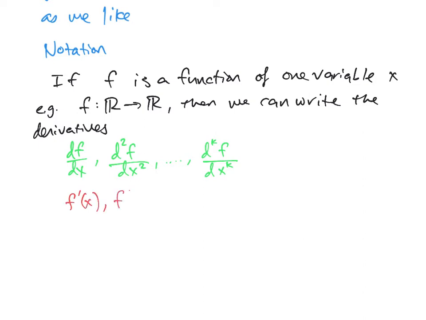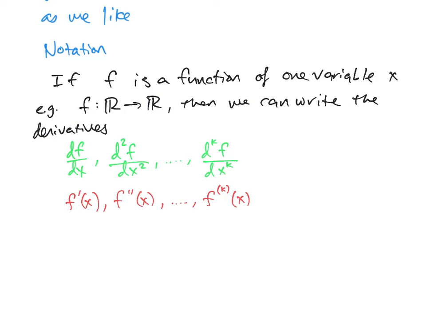And if you do it two times, you can do f double prime of x, and so forth all the way up to k derivatives. You don't really want to write more than about 3 primes. If you're doing the 10th derivative, you usually put it in parentheses so that it doesn't look like you're raising it to a power.